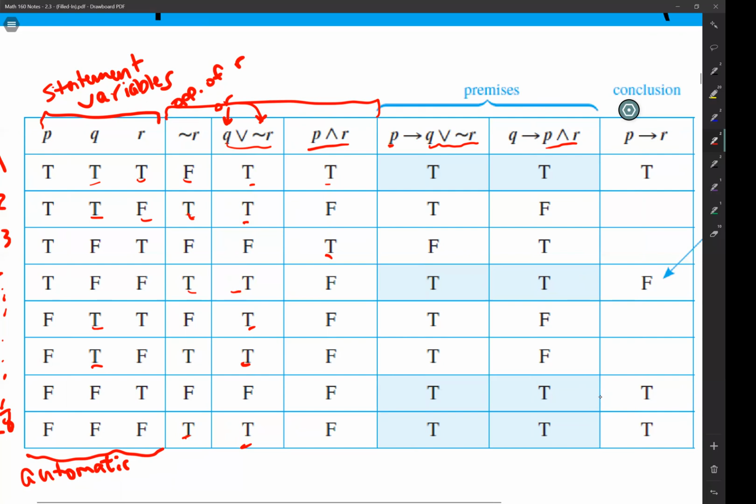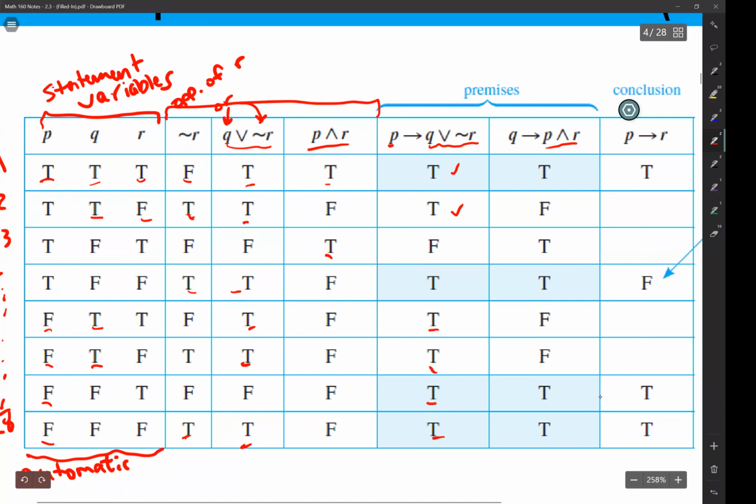So do I have true leading to true? Yes, so that's good. Do I have true leading to true? Yes, that's good. Okay. And then it's also true when I have a true conclusion. So first thing, when P is false. So anytime P is false, right here, here, here, here, this is guaranteed to be true.